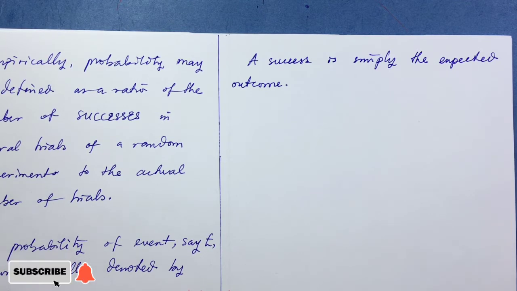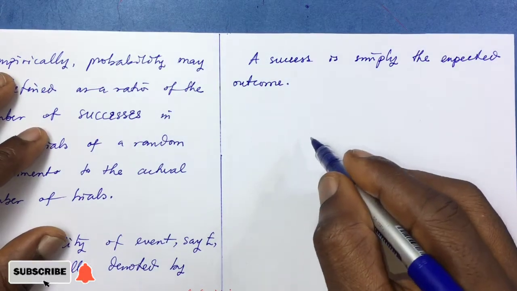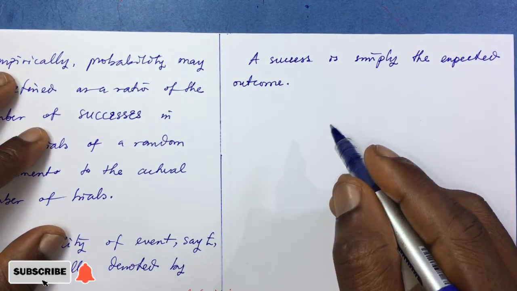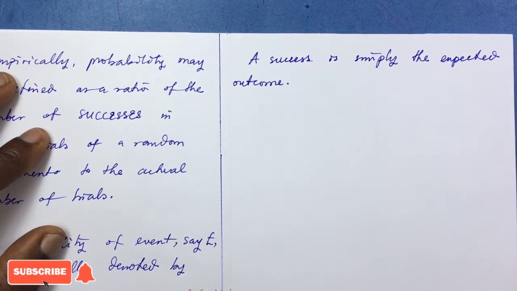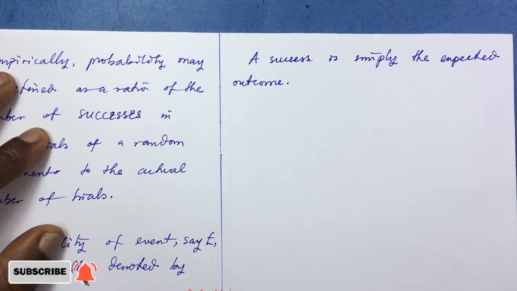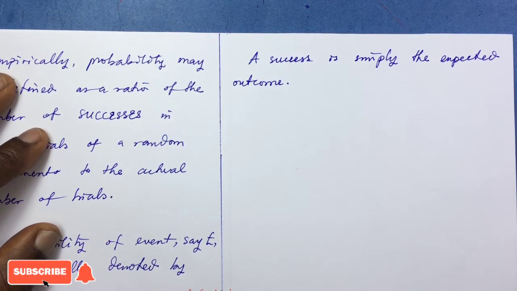Let's say you wanted to toss a die, and before tossing the die, your expectation was that a 1 should show up. If on the first trial a 1 does not show up, anything else that shows up aside from a 1 is a failure. What is a success is when a 1, as expected, shows up. So a success is simply the expected outcome.